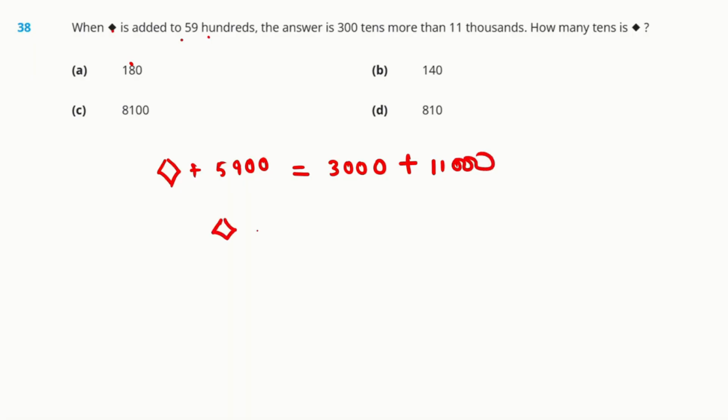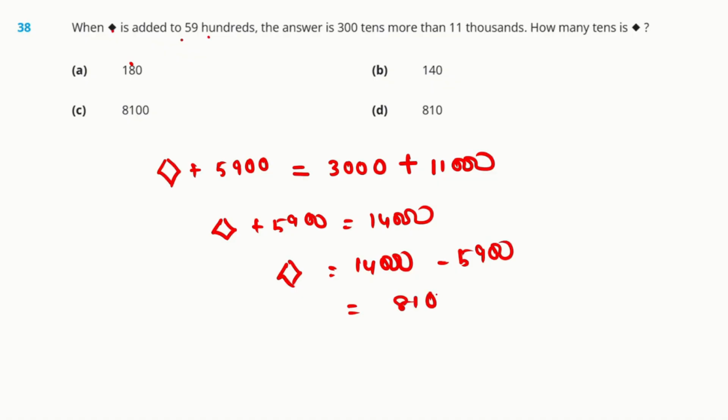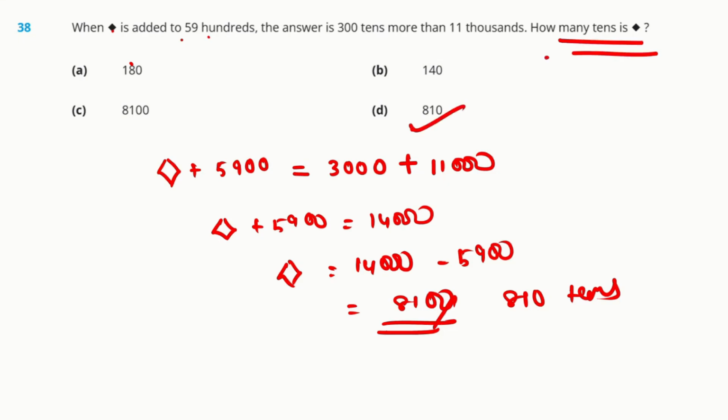So basically the rhombus plus 5,900 is equal to 14,000, or the rhombus is equal to 14,000 minus 5,900. That's 8,100. 8,100 is nothing but 810 tens. If you just eliminate the 0, that's the answer, because the question wants us to find out how many tens the rhombus is.